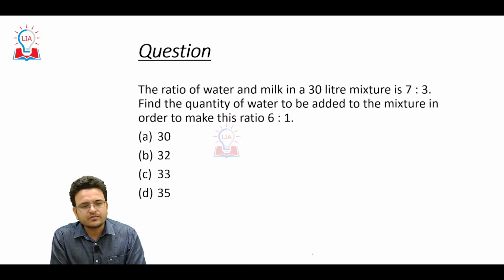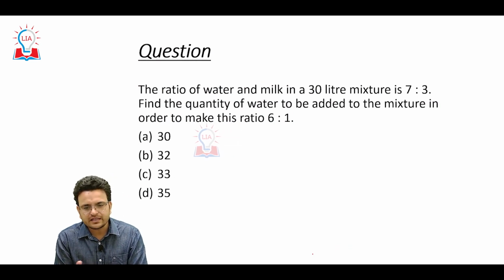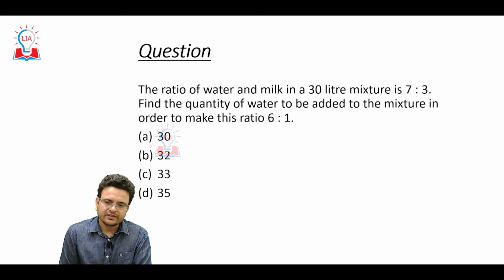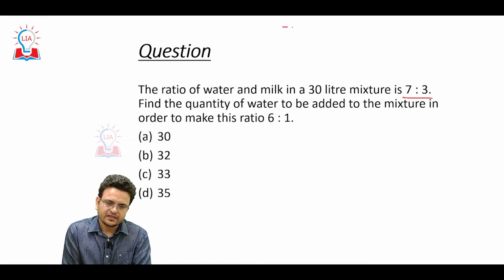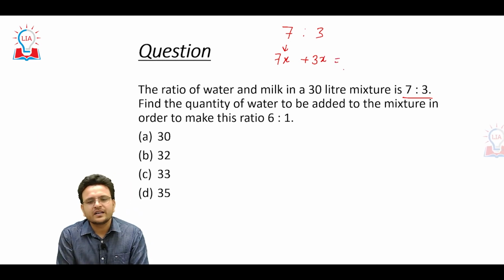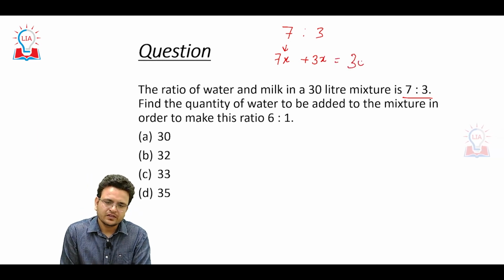Now come to one more question. The ratio of water and milk in a 30-liter mixture is 7:3. So what does it mean? It simply means 7x is water and 3x is milk, equal to 30.